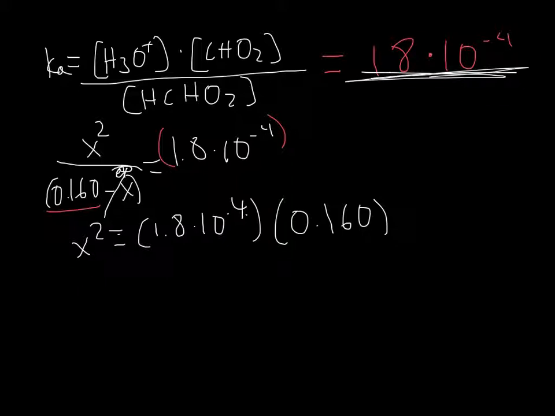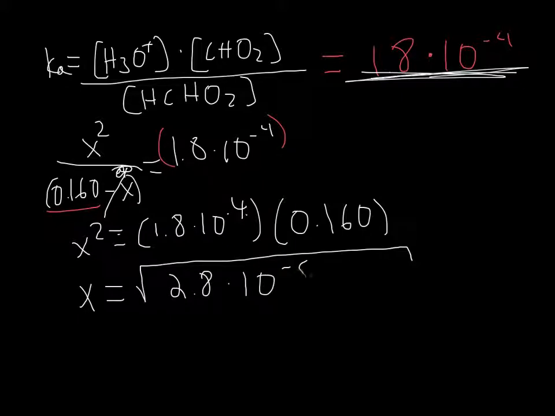When you do this out, you should get a value of 2.8 times 10 to the minus 5, and then you just take the square root of that. I calculated a value of about 5.4 times 10 to the minus 3 molarity. So this is the concentration of H3O in a 0.160 molarity solution of formic acid.